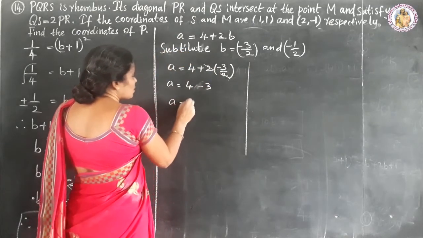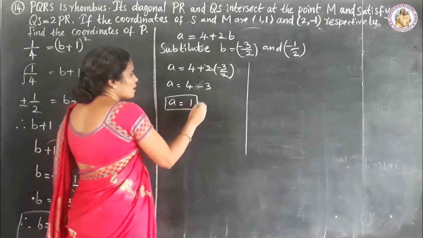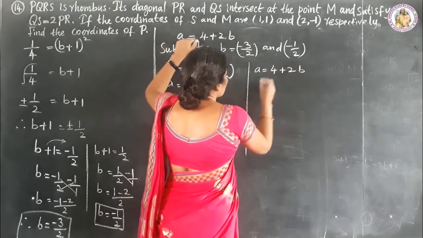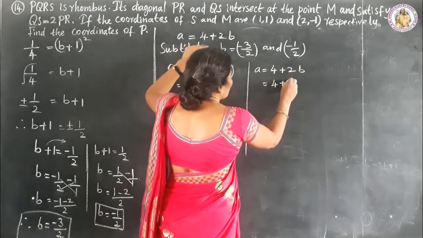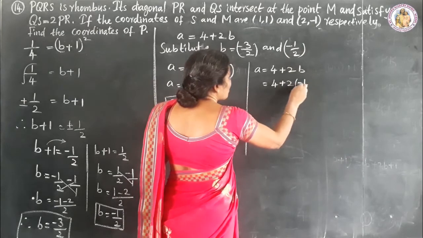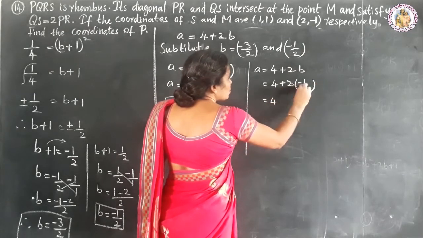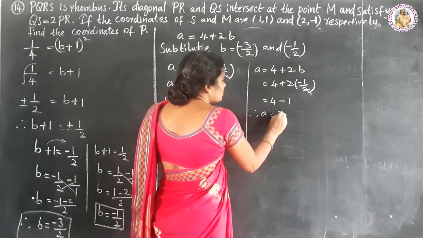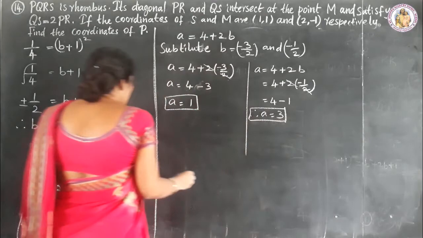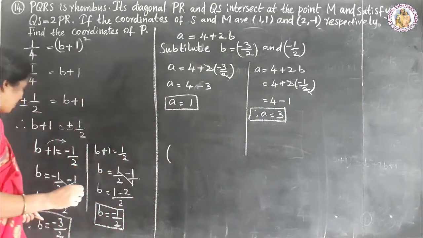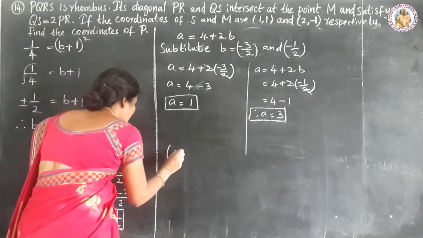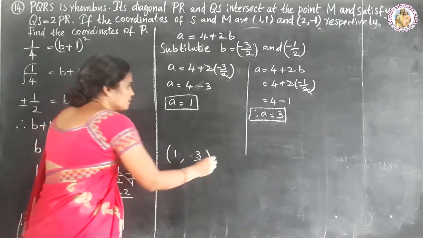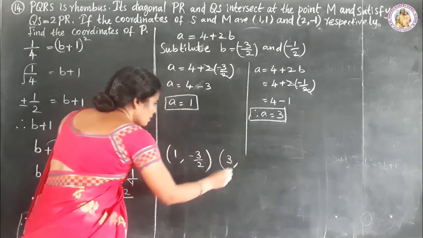So therefore A is equal to 4 minus 3 is 1. Again, 3 comma minus 1 by 2.